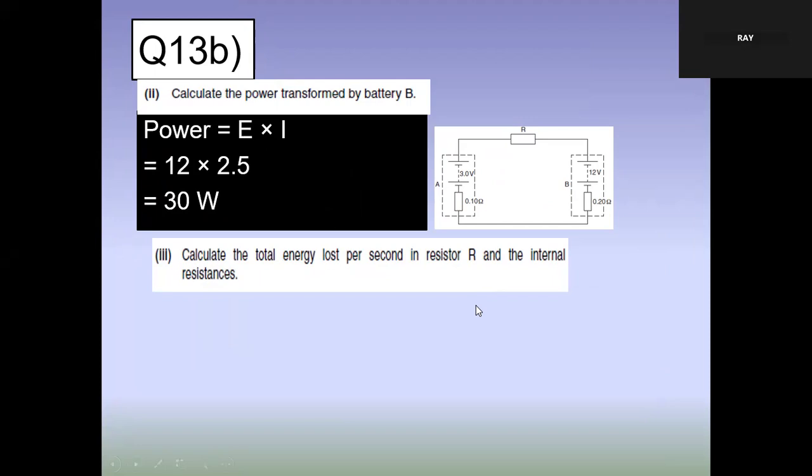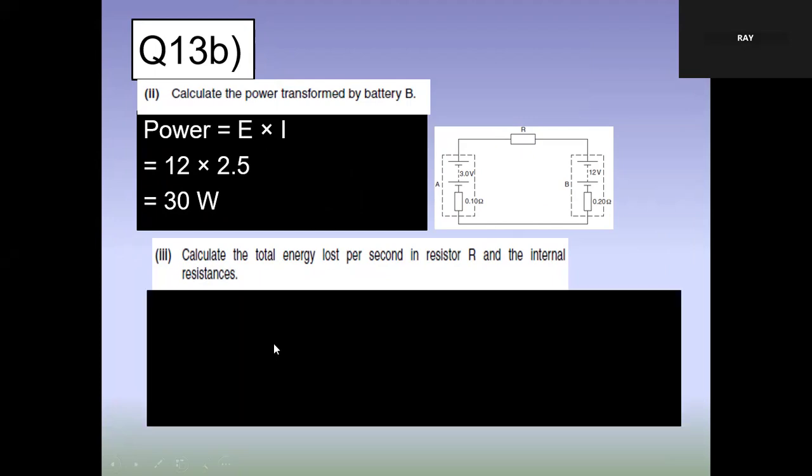Calculate the total energy loss per second in resistor R and internal resistance. What is the answer? Right? I squared times the total resistance.